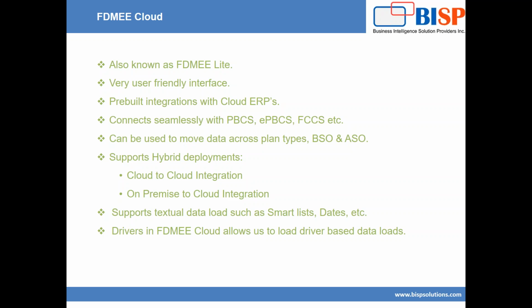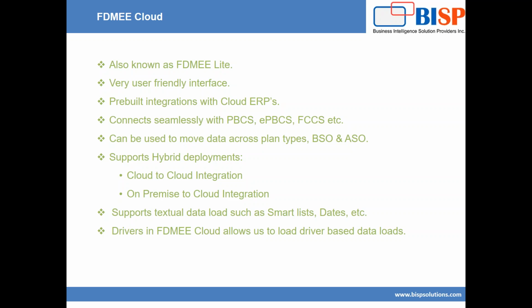Further, with FDMEE Cloud, we get a new method of deployment. It is known as hybrid deployment. When I say hybrid deployment, it is a deployment in which the project consists of both partial cloud and partial on-premise deployment.